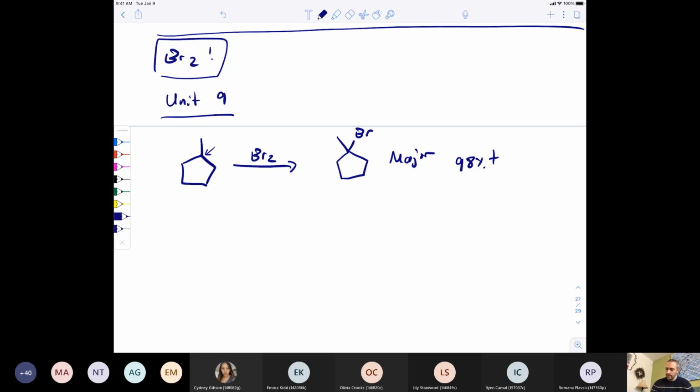If you have a case where you don't have a tertiary center like this, it'll still react, although it'll be slower. So if you had something like this, now we have a secondary site and a primary site. It'll preferentially react with the secondary site to give you Br as the major, plus its enantiomer, because I picked an example that has a chiral center.